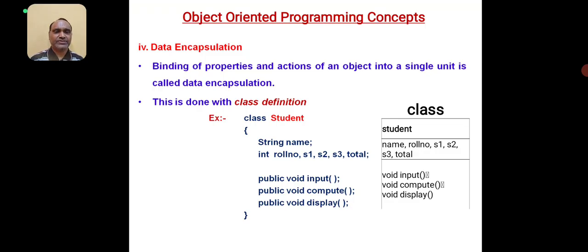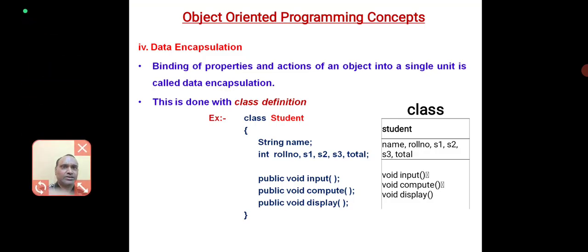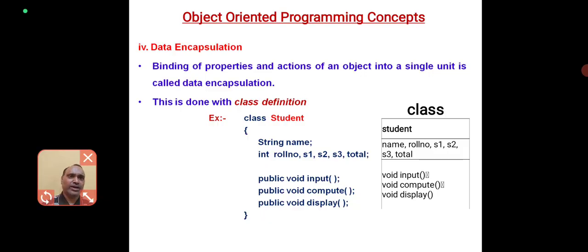Student is associated with his name, with roll number, and with subject 1, subject 2, subject 3, subject 4, 5 and so on, and the total marks. You can have any number of variables there.